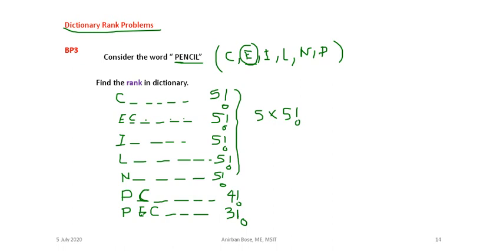So we have seen here 5 into 5 factorial, this many words already gone. Then 3 factorial. Then after PEC, in place of C the next will come, already E has gone, so I will come here, replacing this C, because E already has gone.